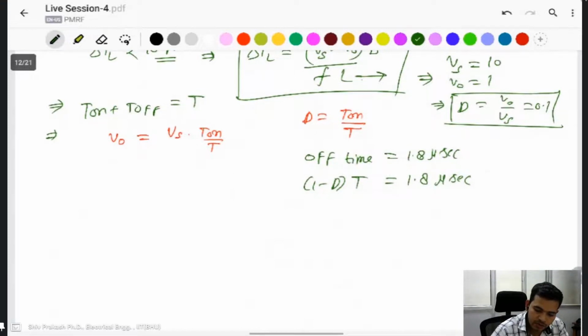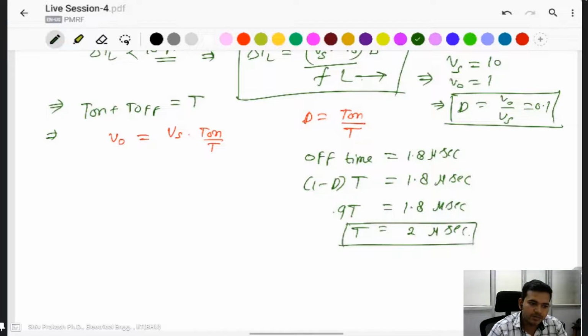D is 0.1, so 0.9T equals 1.8 microsecond, so T is 2 microsecond. Then the on time is DT, when the switch is on, with D equal to 0.1, so 0.2 microsecond.